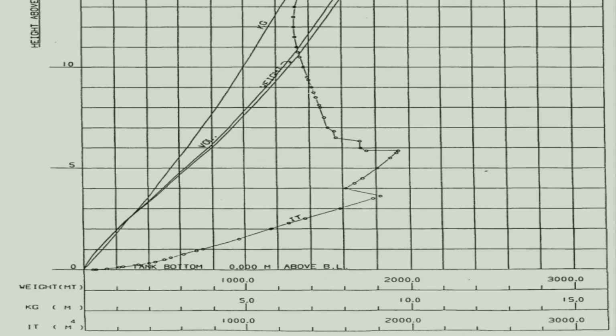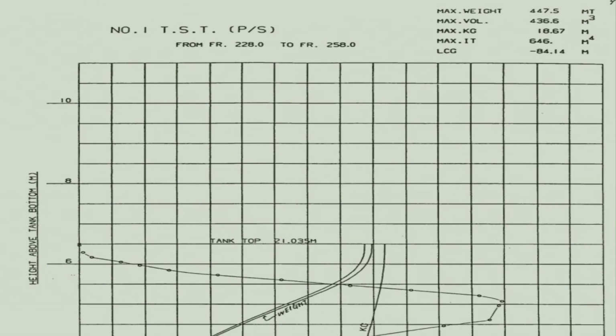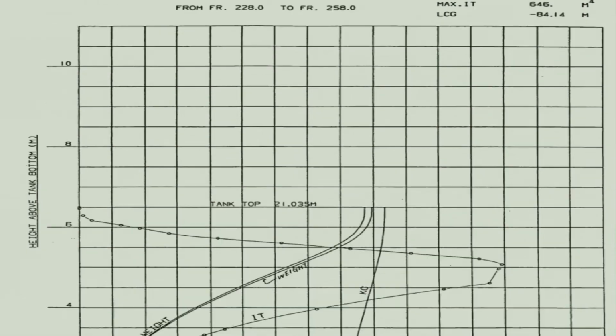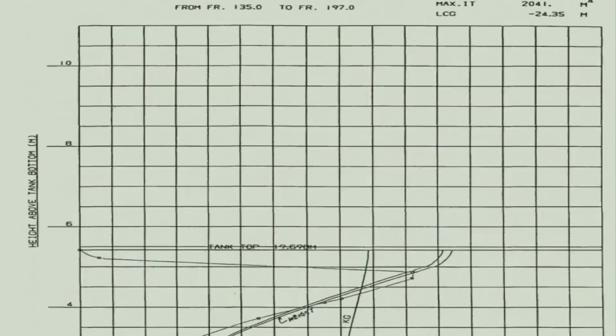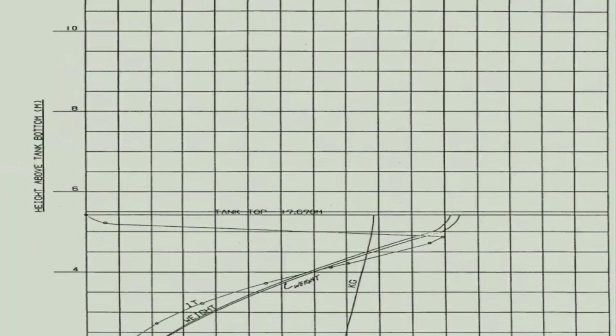By the way, we can get all these figures. For each tank, we'll find a curve. So these are curves for all our ship's tanks.